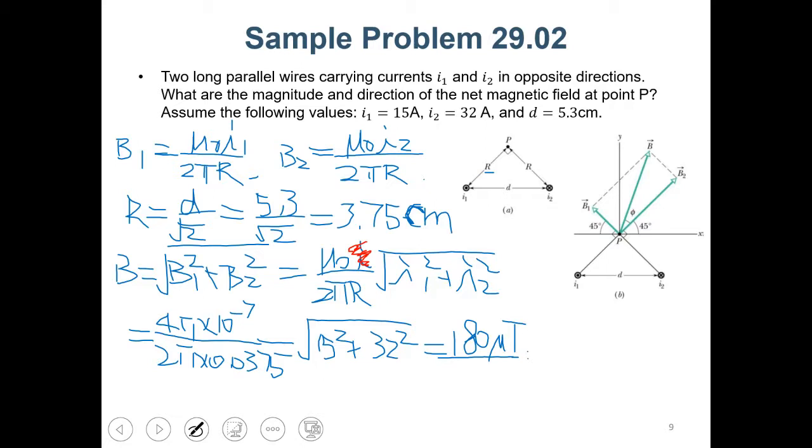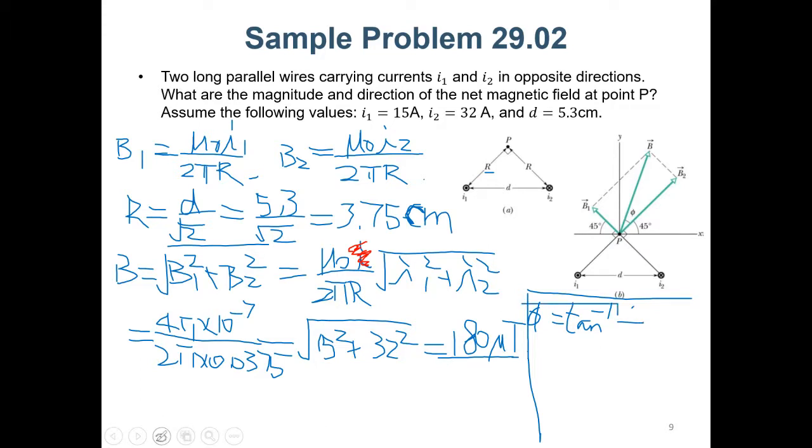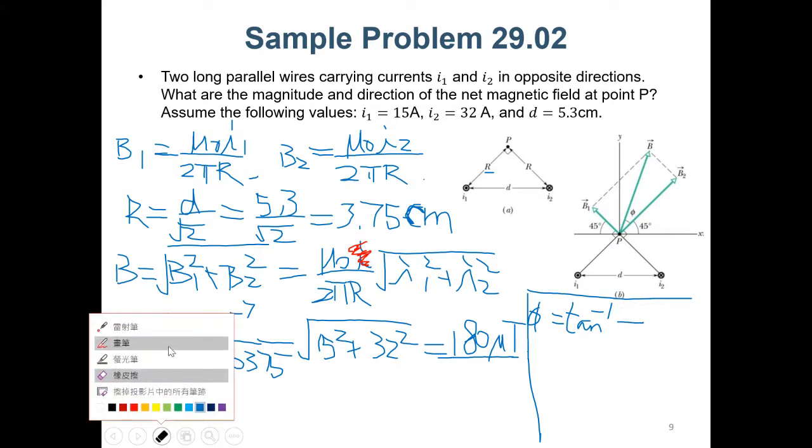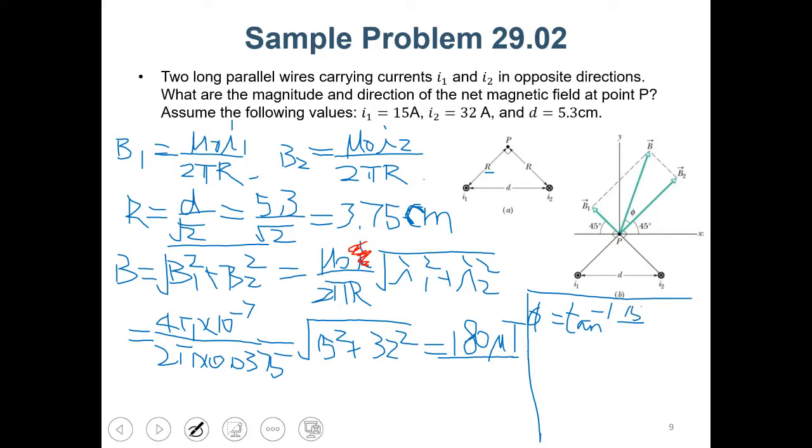We can see that phi would be arctangent of B1 over B2, which is 15 over 32.